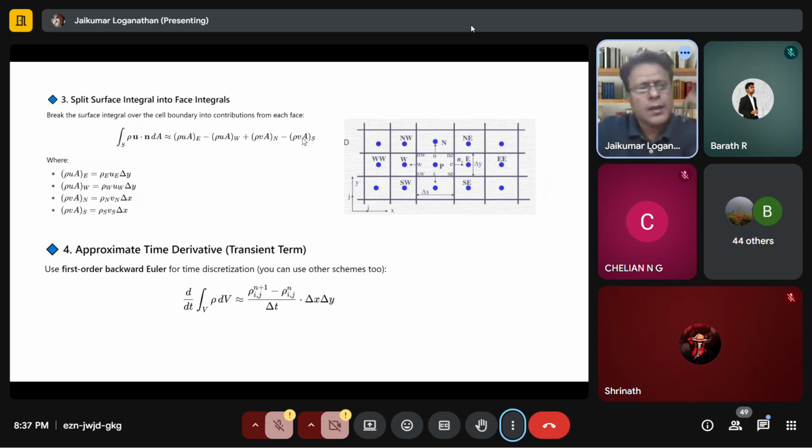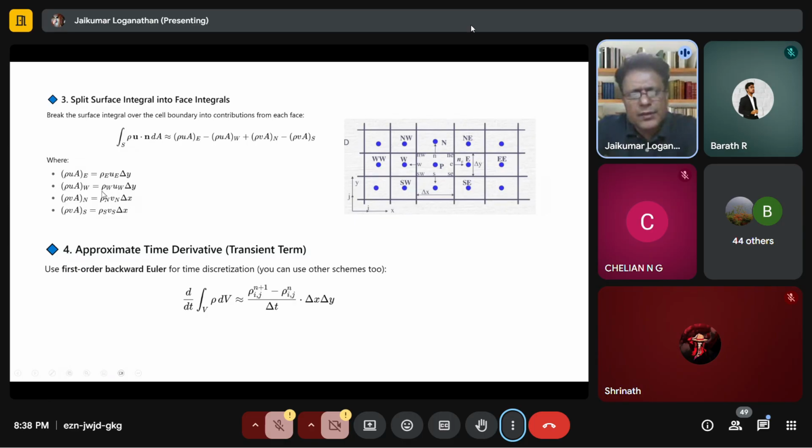Okay. So if you see here, what is rho u A on the east face is nothing but, this cell will have some density, right? And that is what we are calling rho e. And this cell will have some u velocity, we are calling u e. And what is the area of this face? This face is nothing but delta y into delta z, which is 1, right?